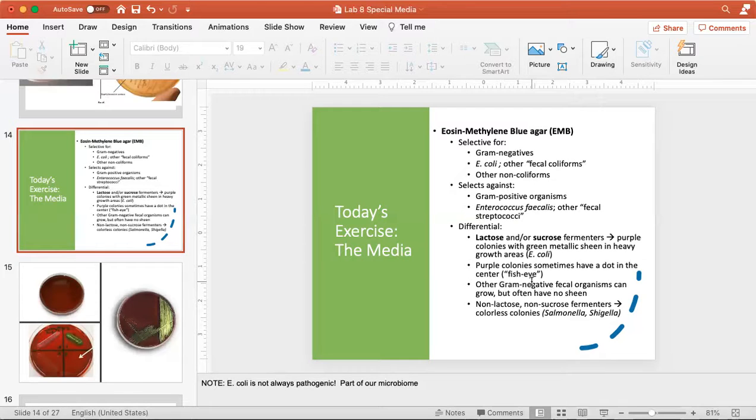And finally, if I see a colony growing on EMB that's that plain old sort of white or beige color, or even colorless, that tells me the organism is not fermenting the sugars. So the purple color that I see in organisms that grow, that purple color comes from the fermenting of the sugars.